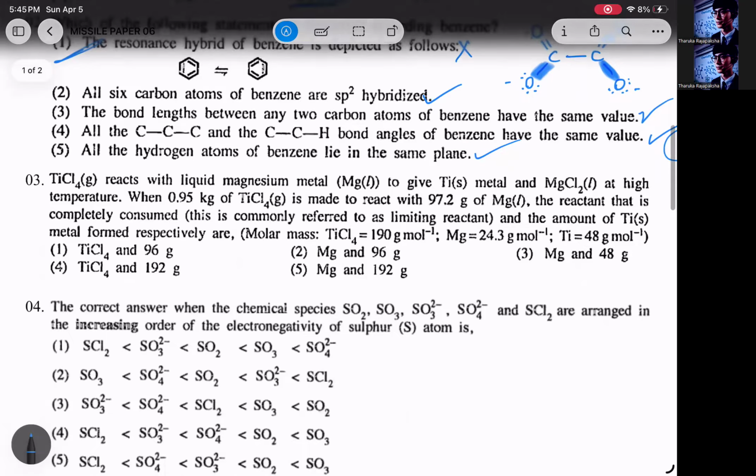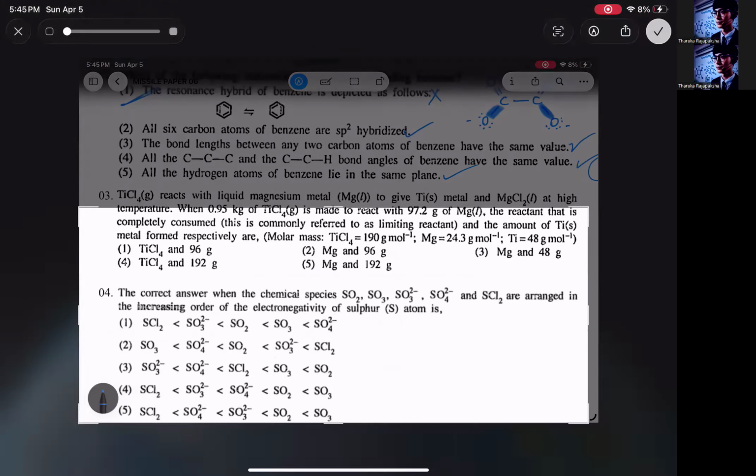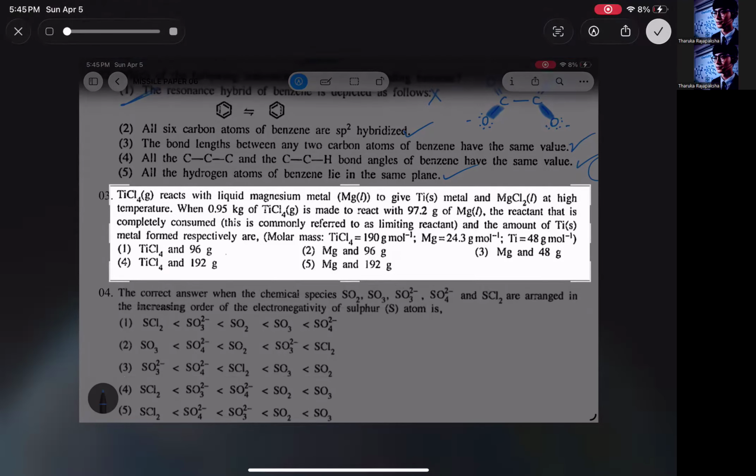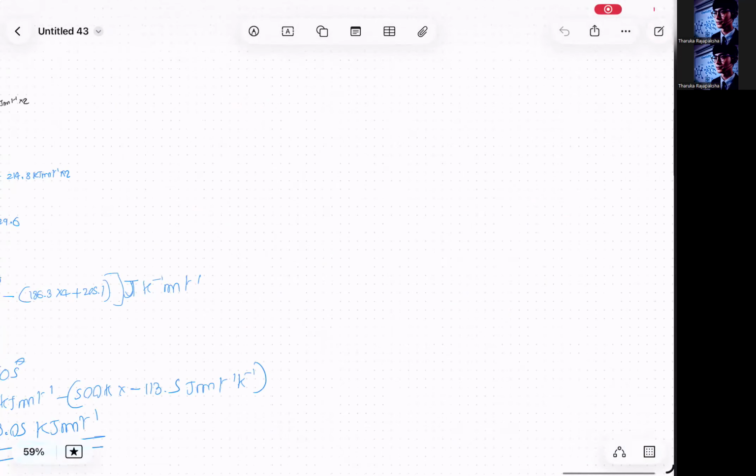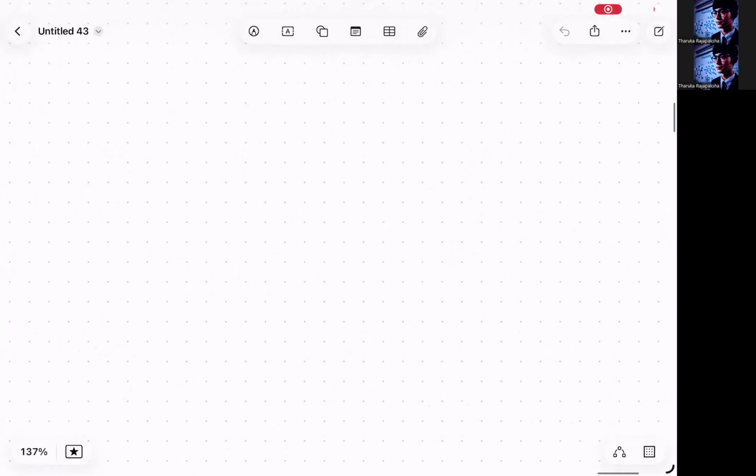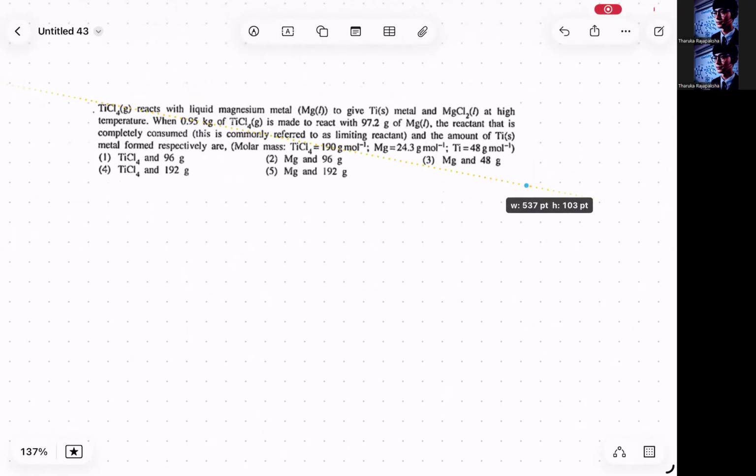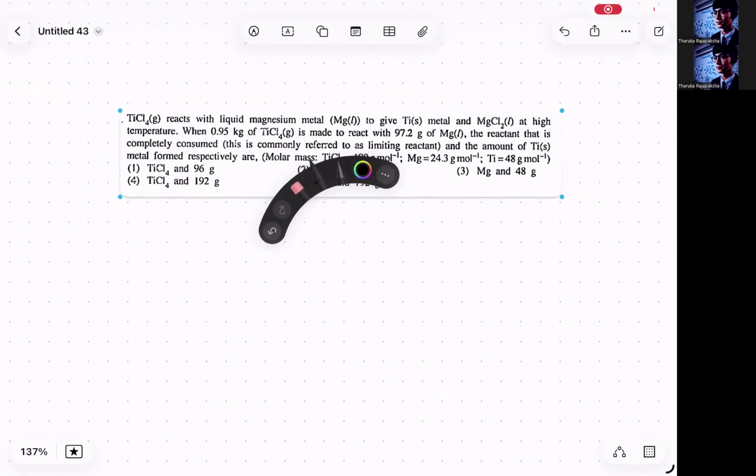Then third one, this is a limiting reagent question. Let me take it to the screen. TiCl4 reacts with liquid magnesium metal to give titanium solid and magnesium chloride.